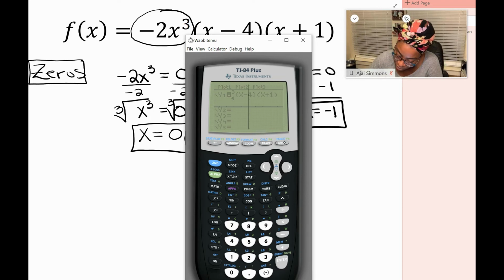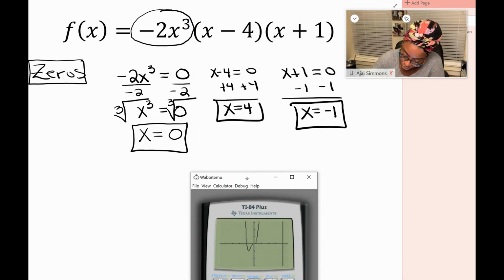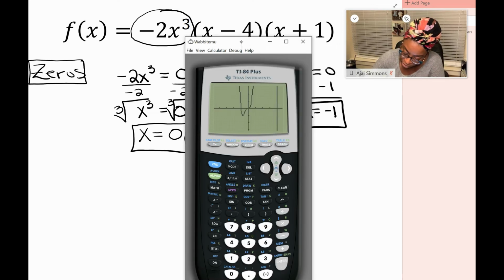I'm going to press the graph button to see if I need to zoom in or out. I think that's perfect. Yeah, that's fine. So what were our numbers? Our numbers were 0, 4, and negative 1. So at 0, if you look at 0, it seems to go through. We also had 4.